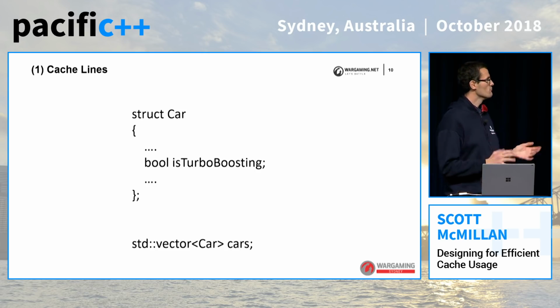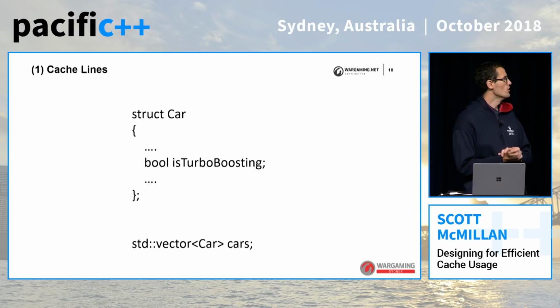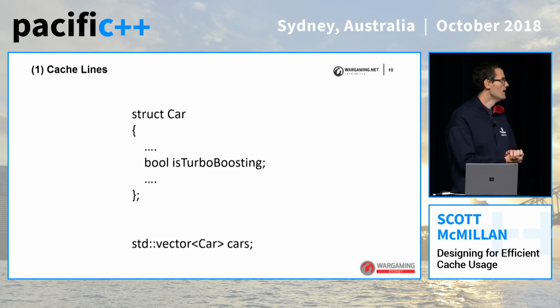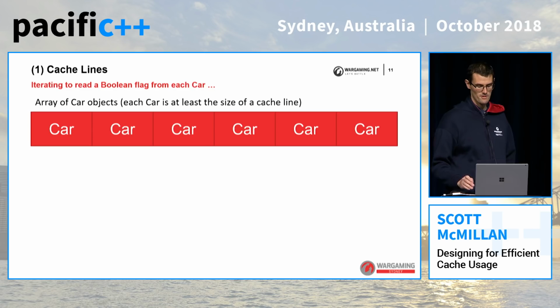This detail can work less well with some patterns sometimes seen in C++ software. Let's say here we've got this car in our game. Let's say that's at least 64 bytes in size, and we've got this flag indicating whether it's turbo boosting or not. And we've got a collection of these in a vector because we've got a lot of cars in our game. Let's say we want to go through and render some cool flames or something like that on all the cars that are turbo boosting.